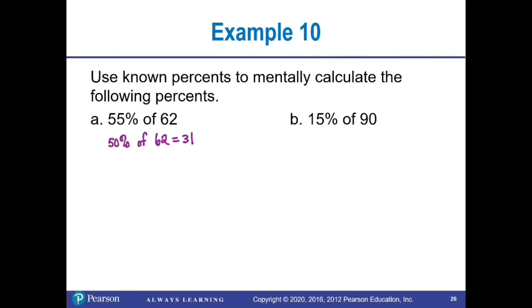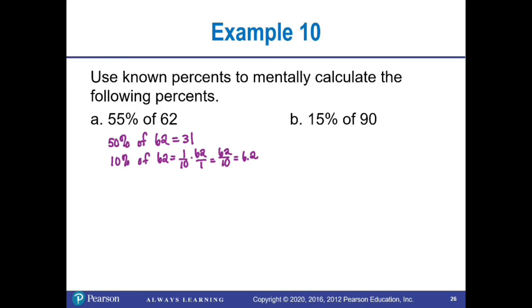I also can find 10% of 62. The fraction equivalent for 10% is 1/10. So 1/10 of 62, or 62 over 1, multiply the numerators and we get 62. Multiply the denominators, 10 times 1 is 10. So 62 over 10 would be 6.2.